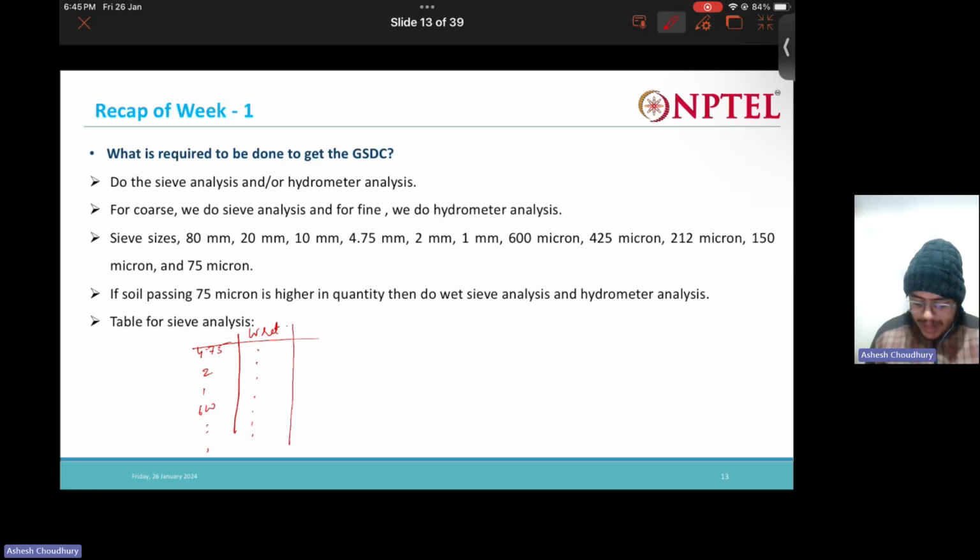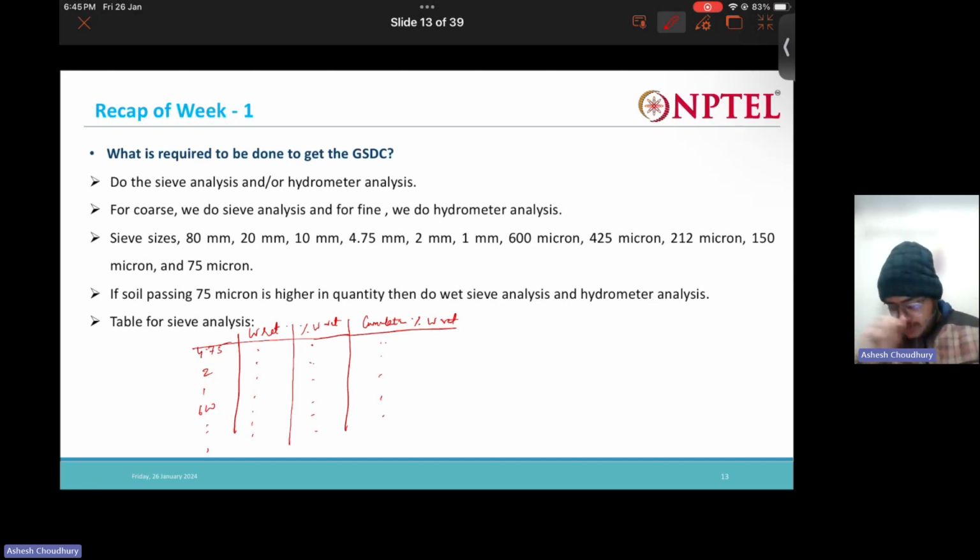Then we have the percentage weight retained. How will you get the percentage weight retained? It is the weight retained divided by the total mass of soil that we have taken. That will give you the percentage soil retained. Then we have to find the cumulative percentage weight retained, so this, then this plus this, and so on.